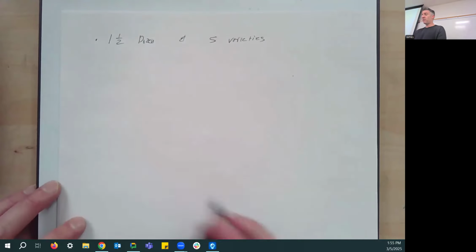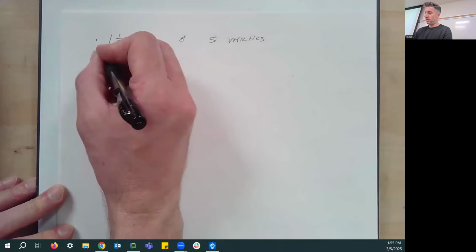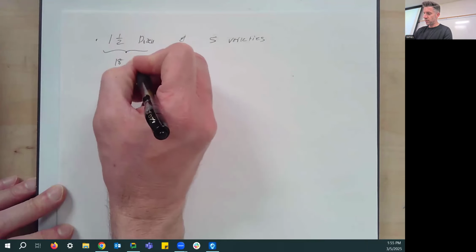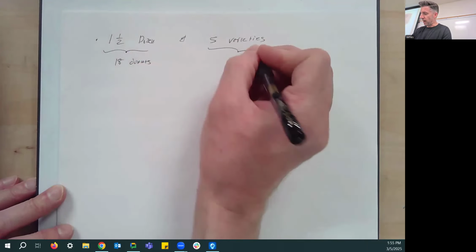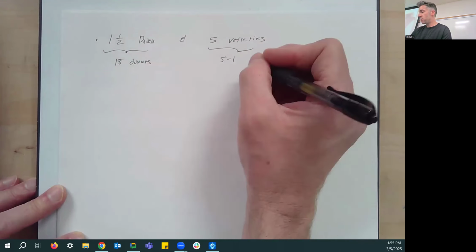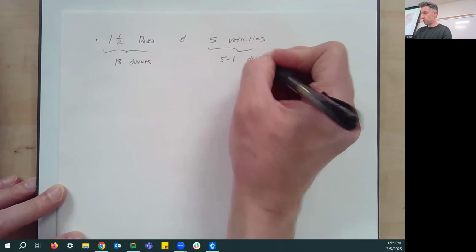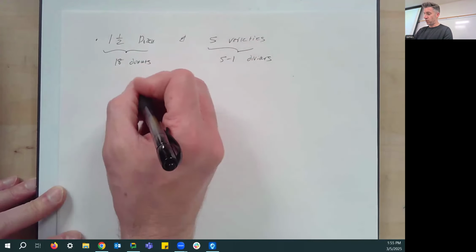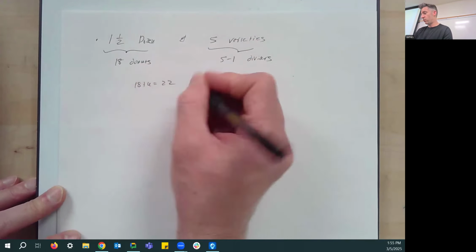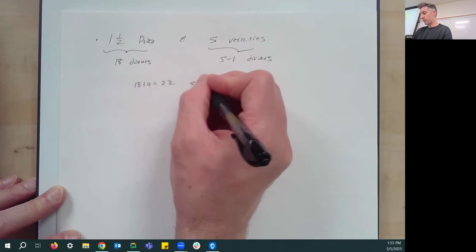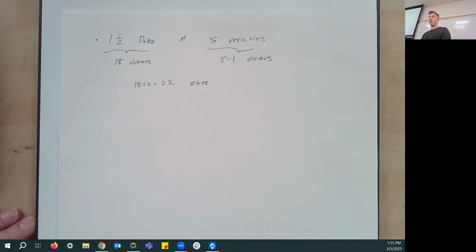So for 1.5 dozen, 5 varieties, I have 18 donuts. I'm going to have 5 minus 1 dividers. So 18 plus 4 is 22. I have 22 slots, and I need to pick where the 4 dividers go.